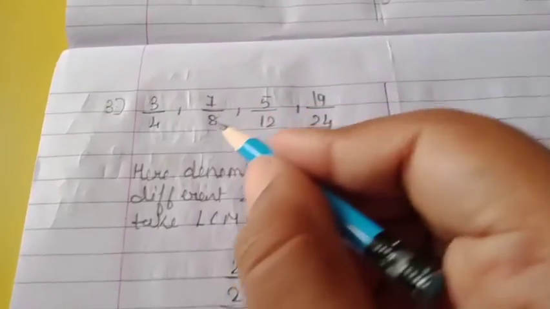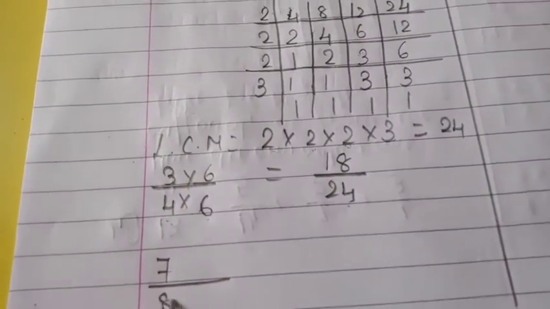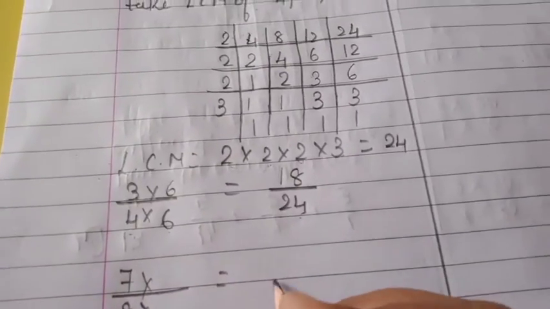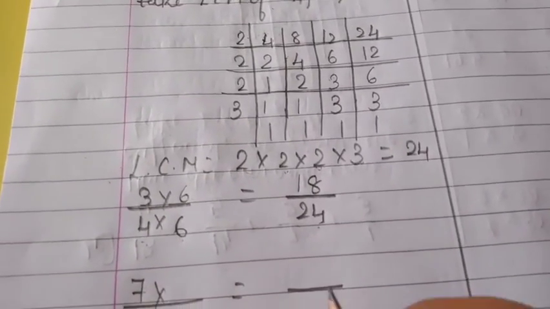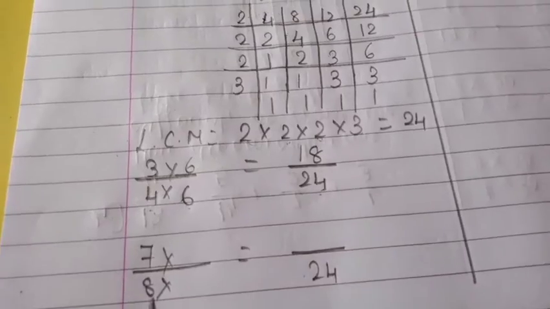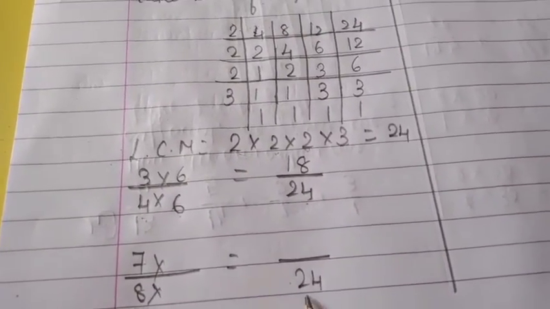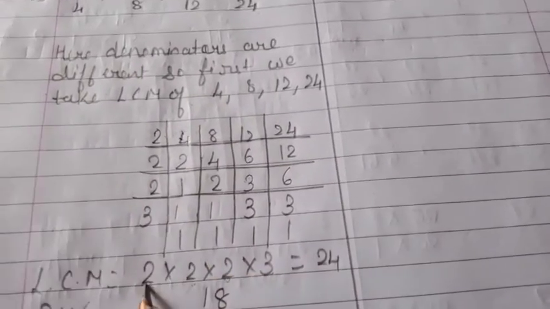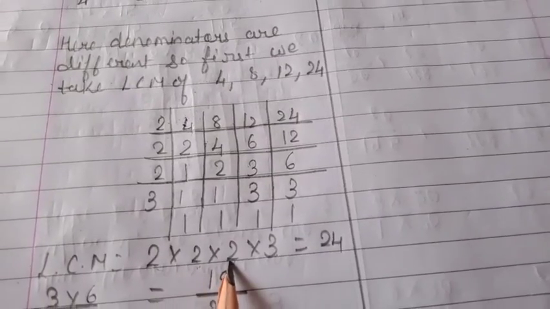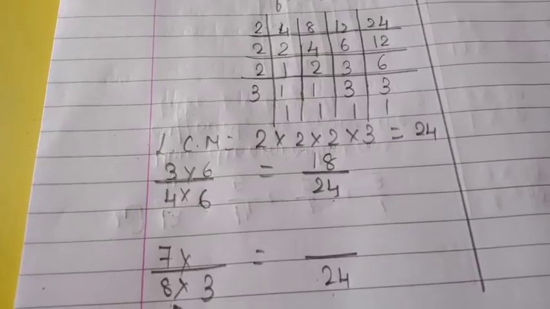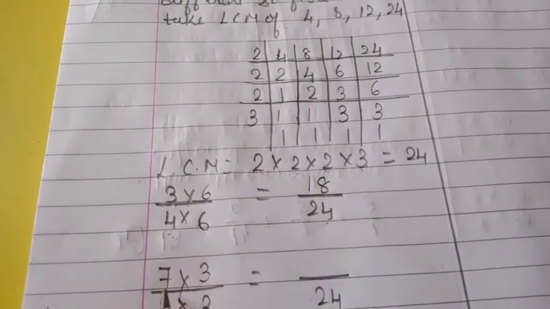Now the next fraction is 7 upon 8. We want denominator 24. With 8, what will we multiply to get 24? See, 2 2s are 4, 4 2s are 8. Which number is left now? 3. So with 8 we will multiply 3. In the numerator also we multiply: 7 3s are 21.